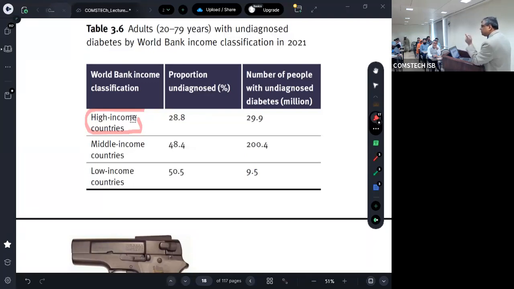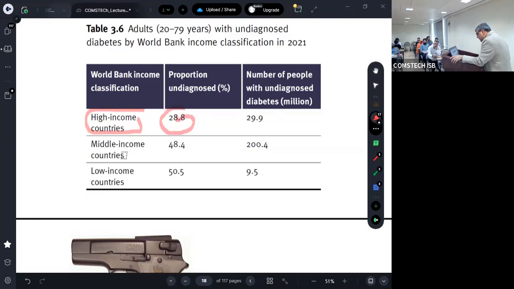But Western countries have life insurance and health insurance. Every year, 6 monthly or 3 monthly, they must do the diabetic test as per their health insurance requirement. In low income countries, we don't have that. Therefore, we go to a doctor at the end, when it's severe. In high income countries, undiagnosed is 28%.